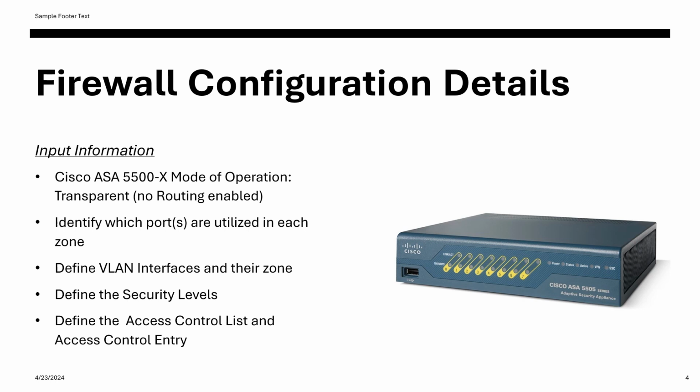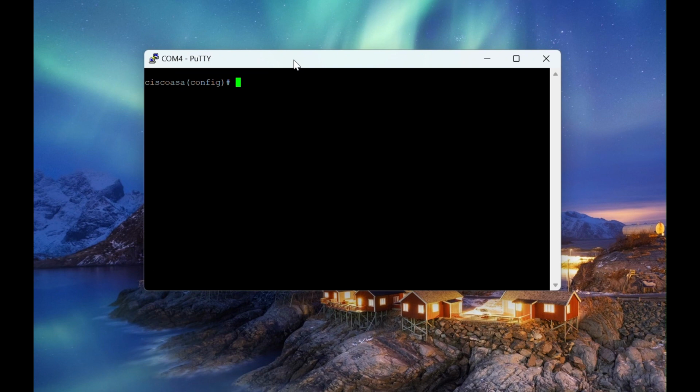Now that we have gathered all the information necessary from the network topology and firewall configuration requirements, we can begin hands-on with the configuration of the device. In my case, I am assuming that you have access to the device and you have the proper user rights. I will be connected through the serial port using the PuTTY terminal.